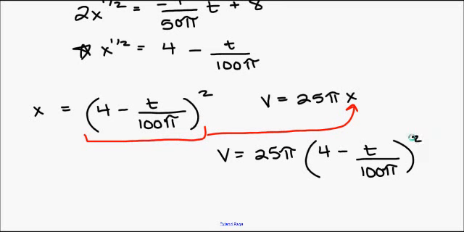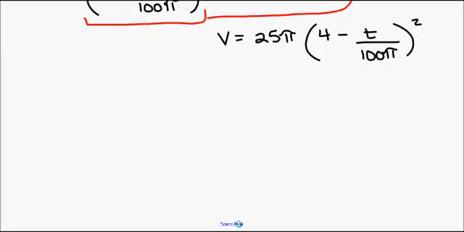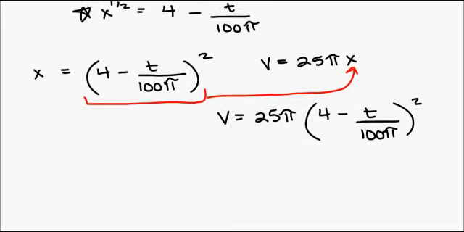At any time t, the water in the tank is this deep, so (4 minus t divided by 100 pi) all squared, and the amount of water in the tank is what I have for volume right here, feet cubed.